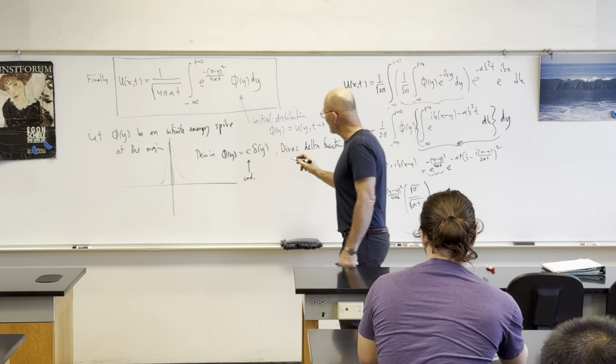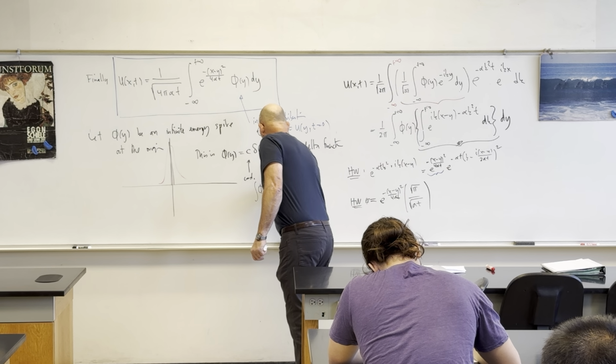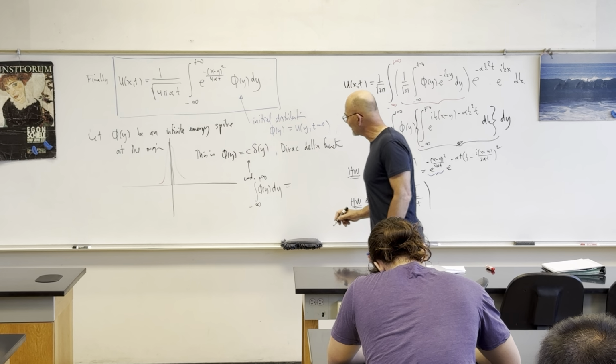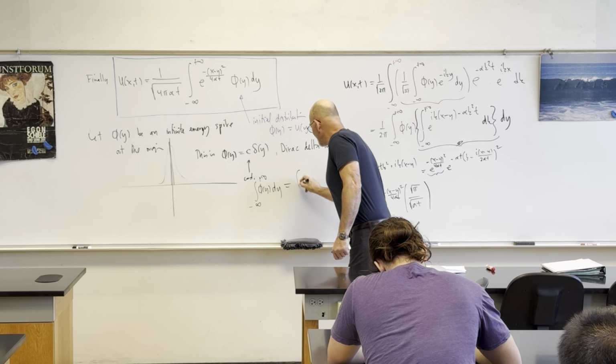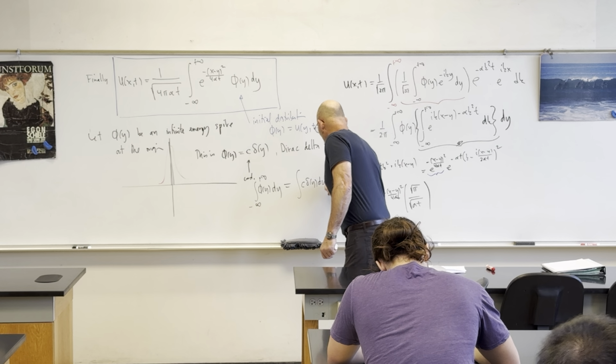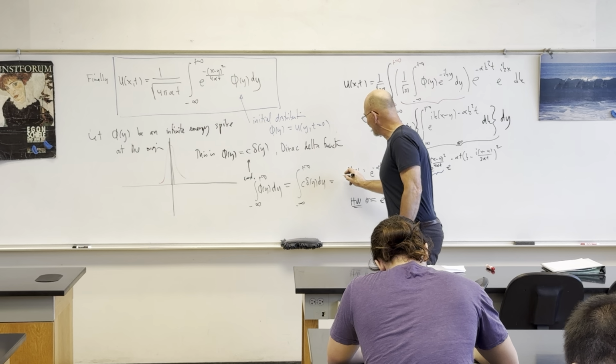But for now, what we have is the integral of phi of y dy from minus infinity to plus infinity. This is equal to the integral of c delta of y dy, equal to c.